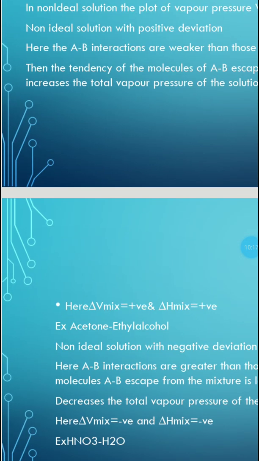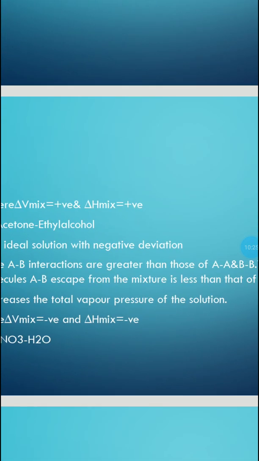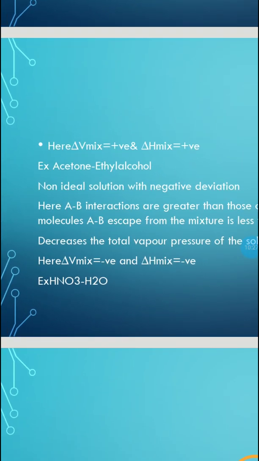Remember, this point is very important. Here delta V mix is positive and delta H, the enthalpy value, is also positive. Examples are acetone and ethyl alcohol, and ethyl alcohol and water.